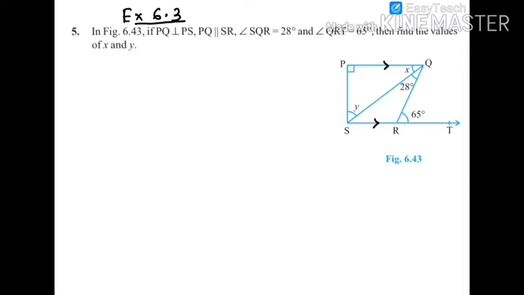Since lines PQ and SR are parallel, taking QS as the transversal, we can say that angle PQS is equal to angle QSR because they form alternate interior angles. So PQ parallel to SR is given.